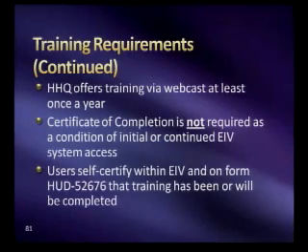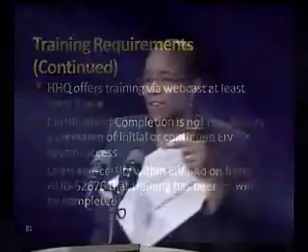Also, despite what folks think, a certificate of completion tacked up on the wall is not necessary as evidence of completing EIV system training. HUD offers certificates of completion as a courtesy service to you, because we recognize that if you're going to spend 3 to 4 hours in training, you would like to have evidence of completed training.